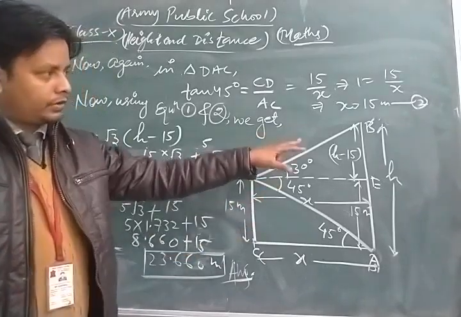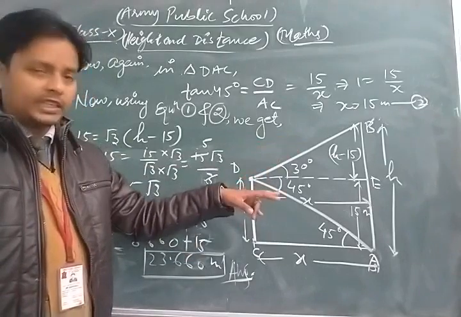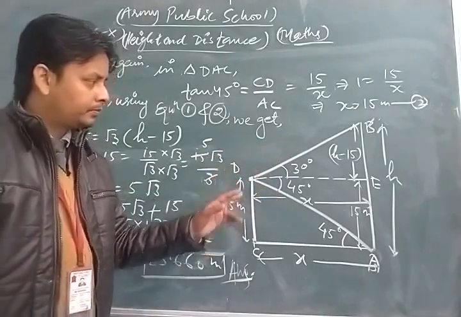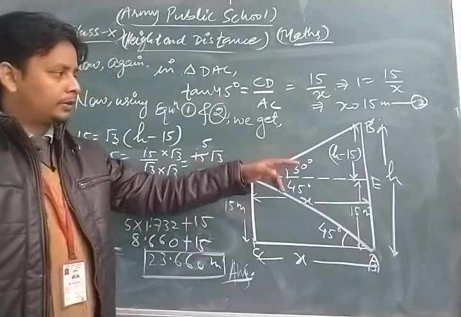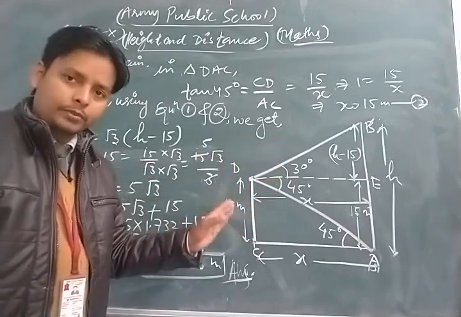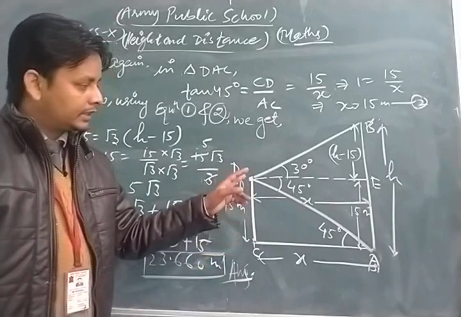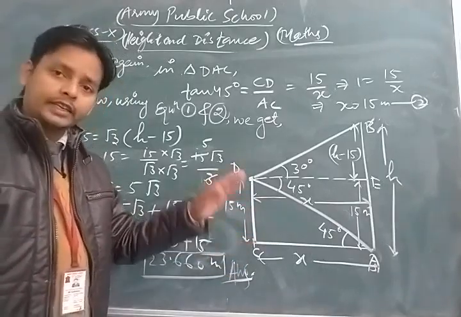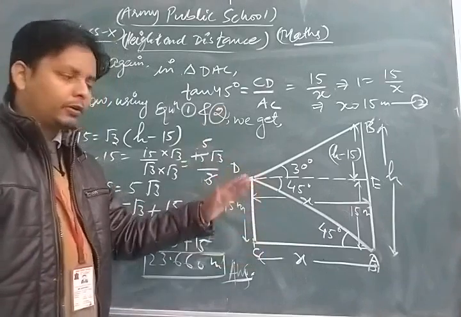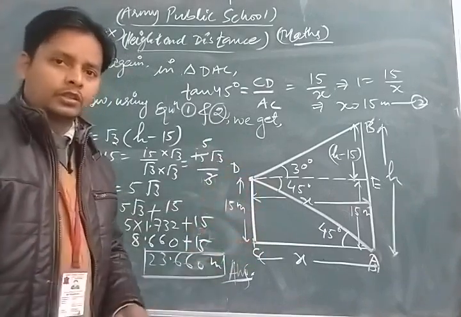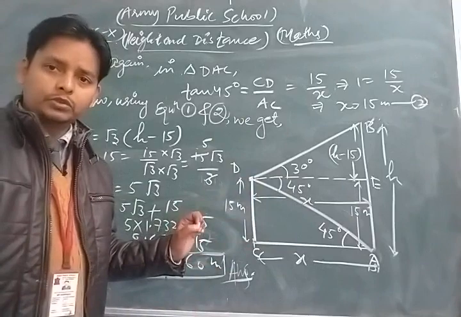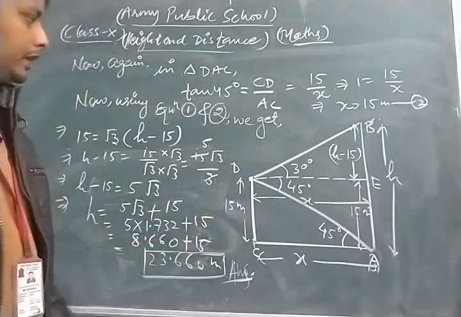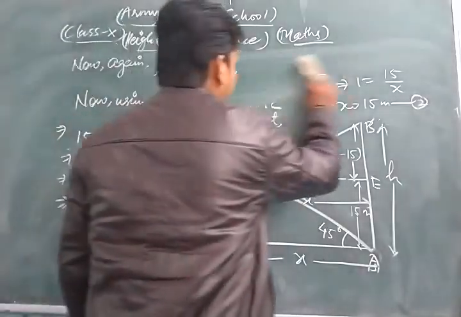In this question, first of all, we take triangle BDE and apply the tangent rule, that is tan 30 is equal to perpendicular upon base. After that, we form equation 1. After that, we take triangle DAC, and again apply the tangent rule, and with the help of these two equations, we simplify the question. Okay, so this is a very important question for you and your upcoming examination. So please do more and more practice, dear students.